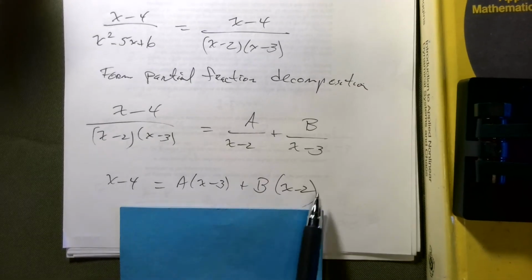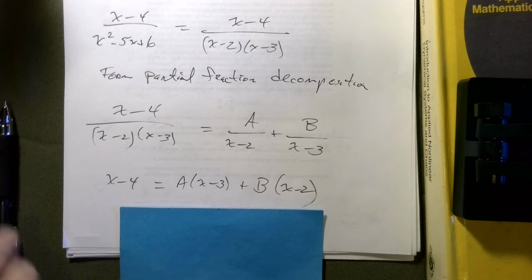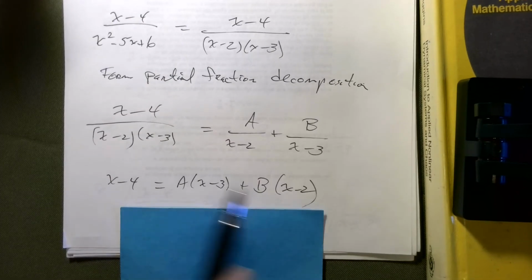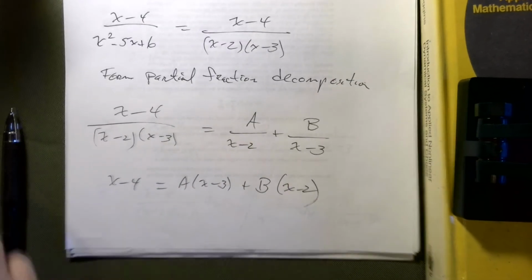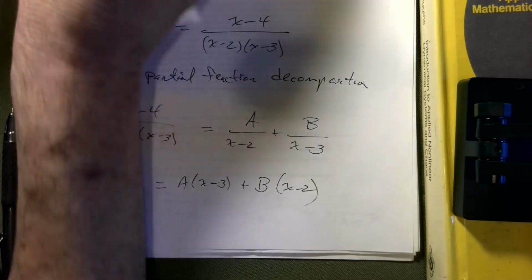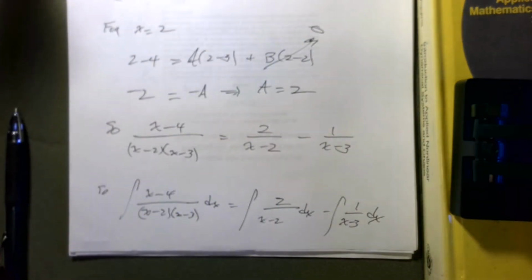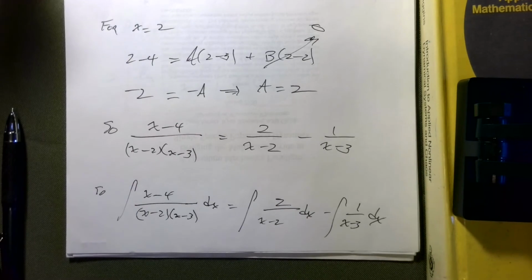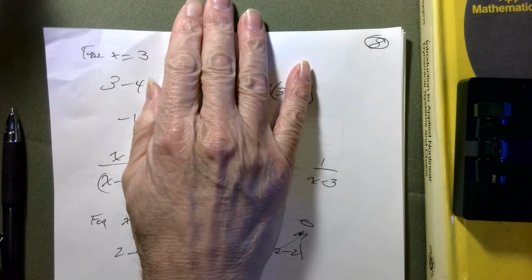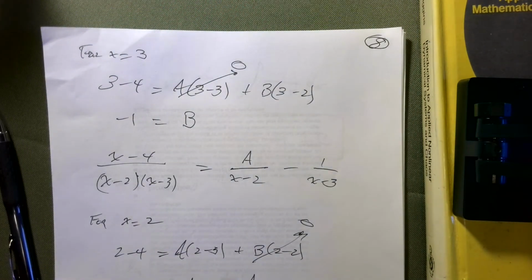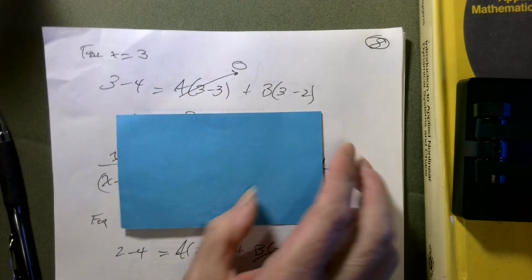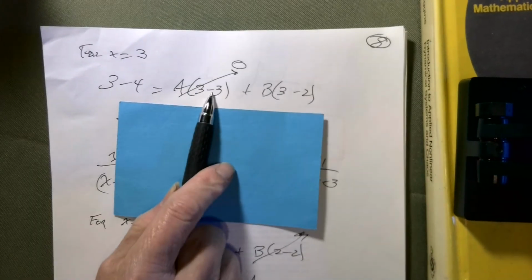And so now I'm not working with fractions, and I'm asking, can I pin down what the a and the b are? If I put in one of the simple values for x, which is 3, that wipes out this guy.